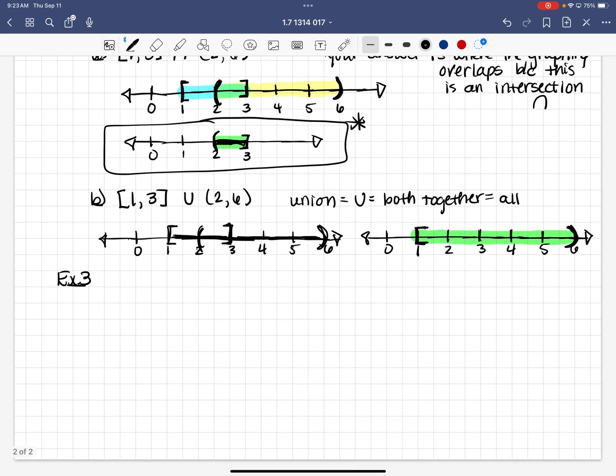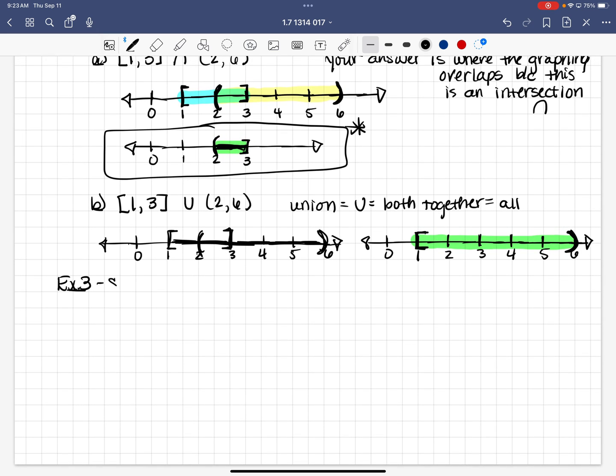Example 3 says solve and graph the solution set on a number line.